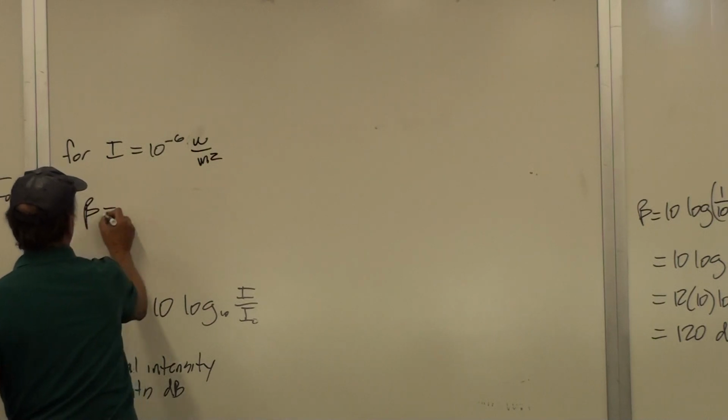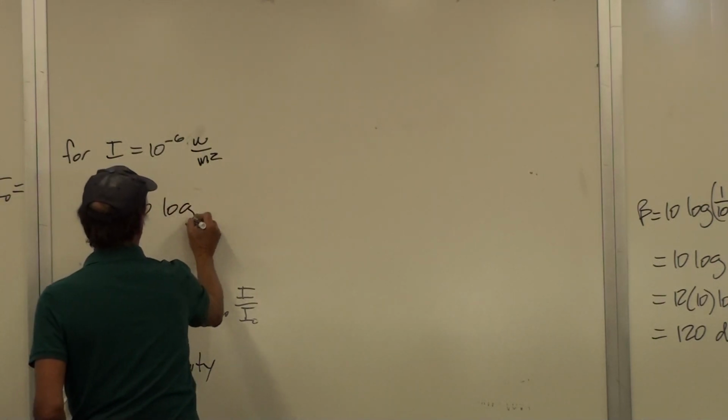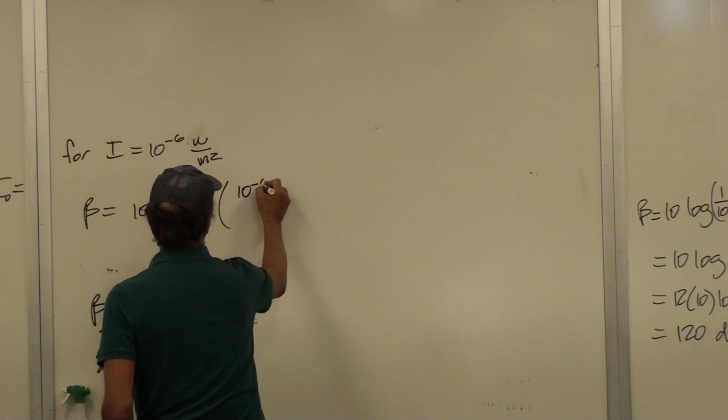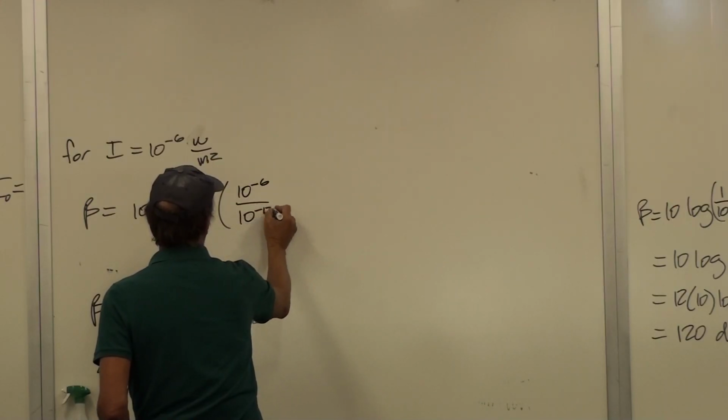Then the beta value would be 10 times the base 10 logarithm of 10 to the minus 6 divided by 10 to the minus 12.